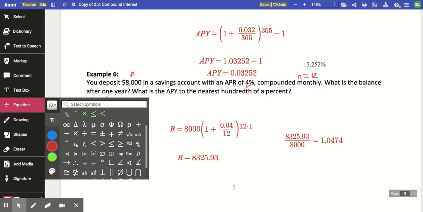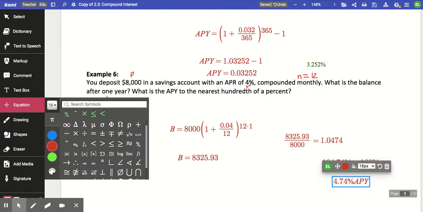So what that equates to is 104.74%. But remember, I still have to subtract the original amount because I really only want to focus on what percentage I increased by. So I increased by 4.74%, and that would be my APY.